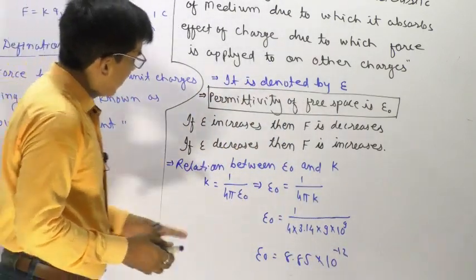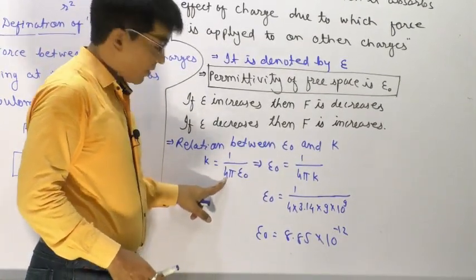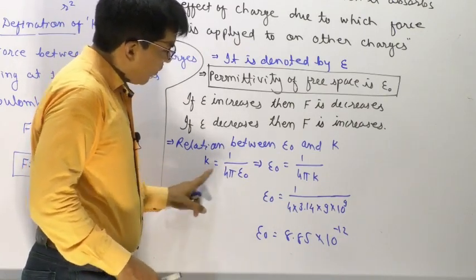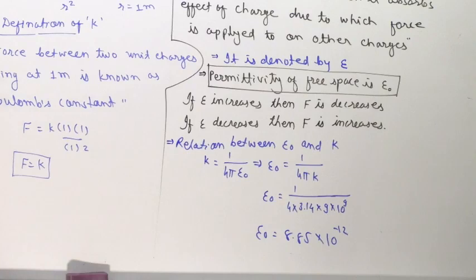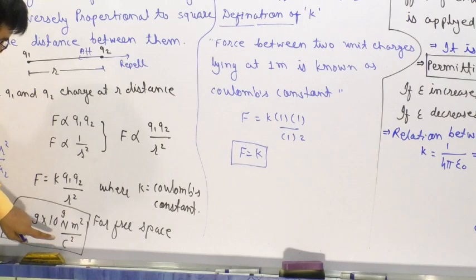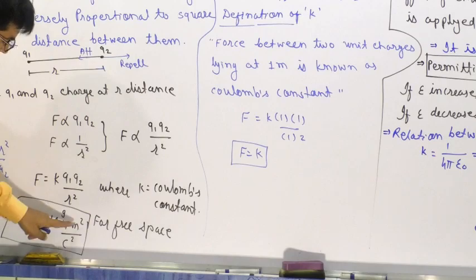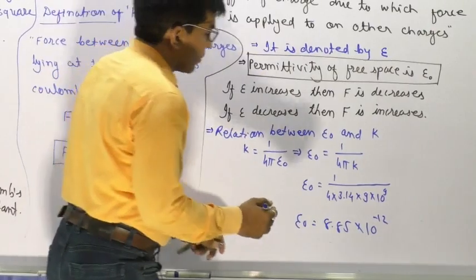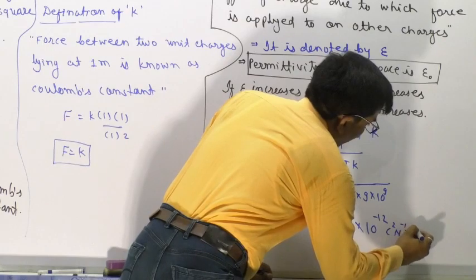What would be the unit? 1 upon 4 pi epsilon naught is unitless, so the units of epsilon and K are inverse. Since this is an inverse relation, and the unit of K is Newton meter square per Coulomb square, the unit of epsilon naught will be Coulomb square per Newton per meter square.